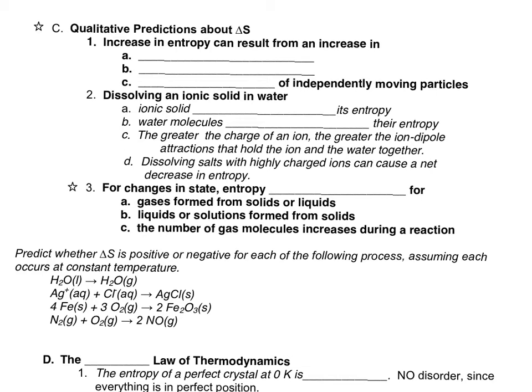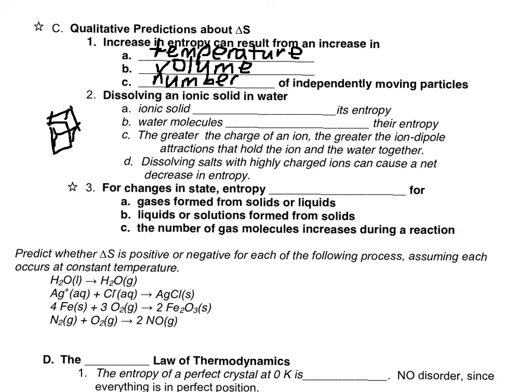Now, you can also increase the entropy of a system by doing something like dissolving it in water. You dissolve a solid into water, you're taking a solid from its nice little crystal lattice structure and you're dissociating it. You're totally filling it up with randomness, and so you're increasing its entropy if you dissolve it in water.